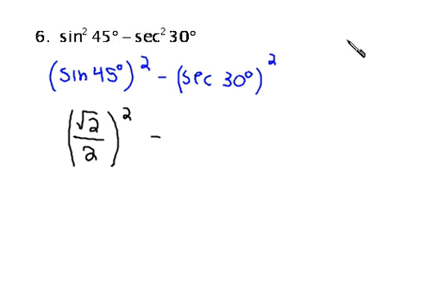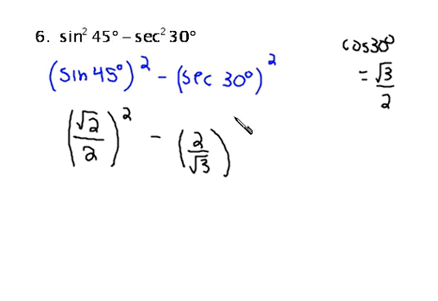And I'm going to note off to the side that the cosine of 30 is equal to root 3 over 2. So that would mean that the secant of 30 would be 2 over root 3, all squared. So when we evaluate this, the radicals go away because root 2 squared is 2 over 4 minus 2 squared is 4 over 3.